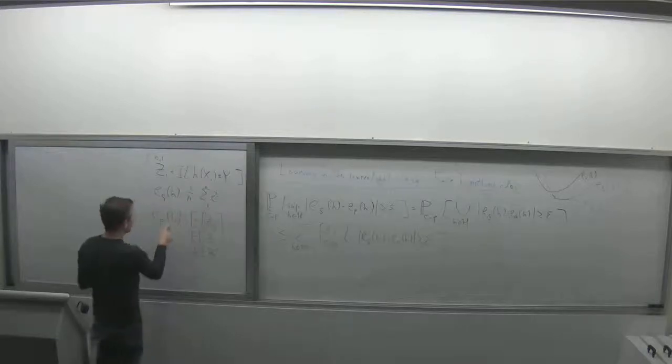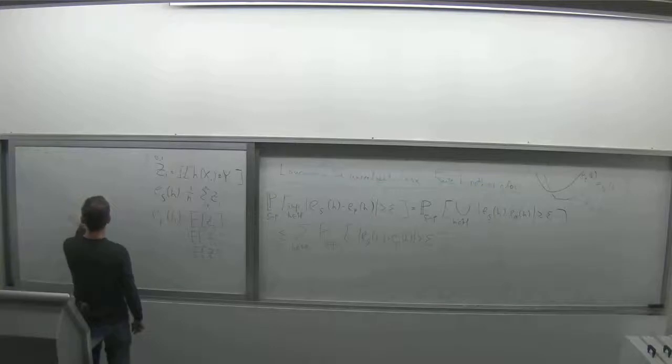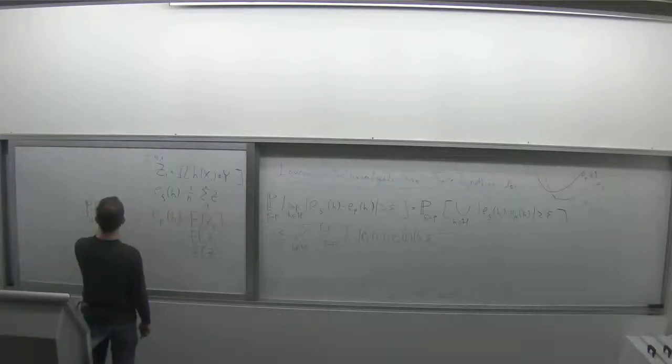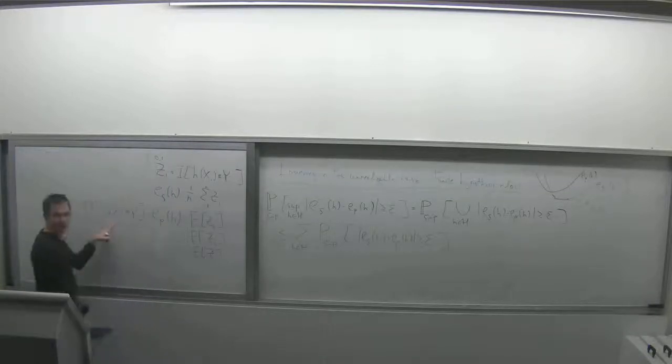What is E_P(h)? You remember? It's the probability that, when I sample X and Y according to P, h of X will be different from Y. This is the generalization error of h. It's the probability, when I draw points from P, that h will classify them wrong.